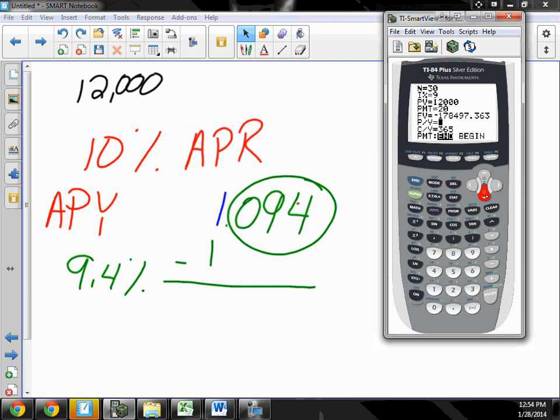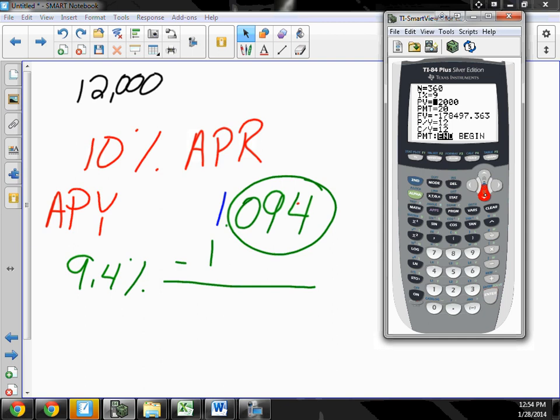And then how many payments per year? 12, because it said monthly. So I change this to 12. And now if I change payments per year to 12, how do I calculate N? 12 payments per year for 30 years, and I can just type in 12 times 30, and I get 360.